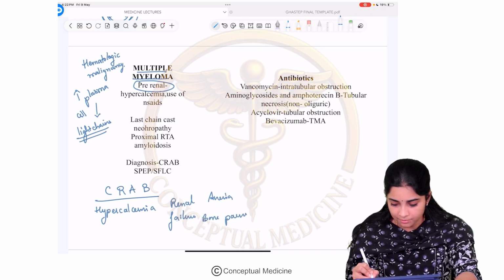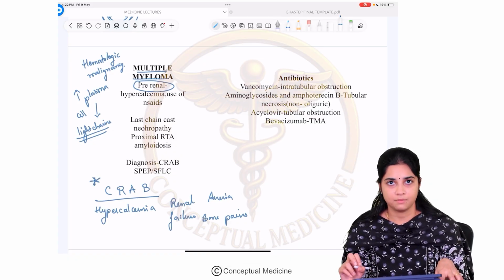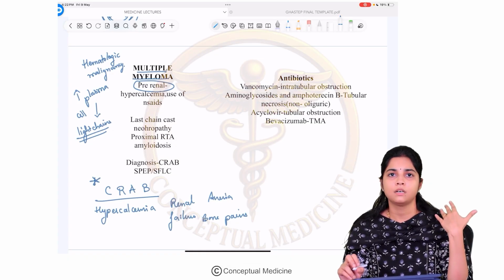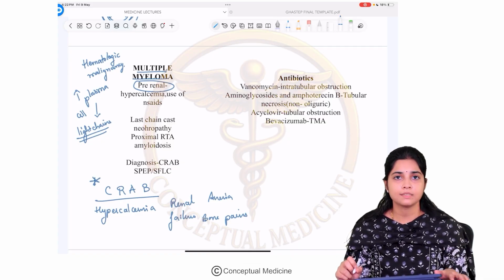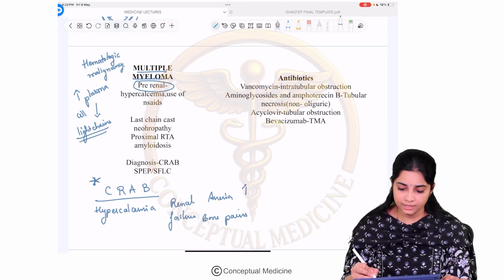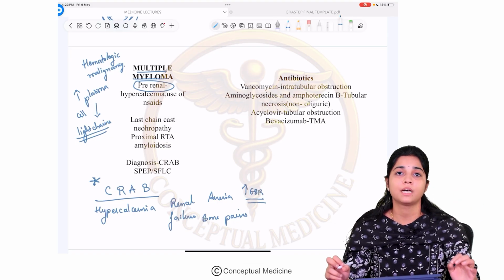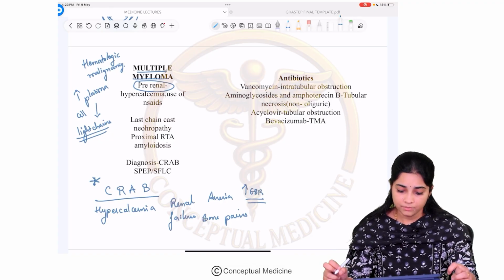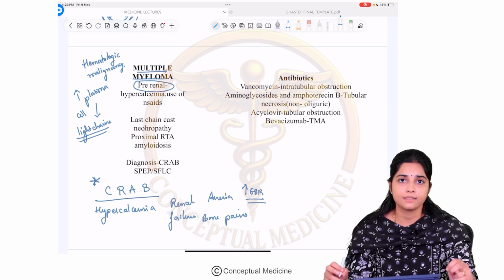So how does a multiple myeloma patient present? Before they present with these CRAB symptoms is a full-blown myeloma. They can have fatigue, they can have bone pains, they can have anemia, renal failure, raised ESR, one of the very few causes of raised ESR beyond 100, right? Along with osteolytic bony lesions and hypercalcemia.